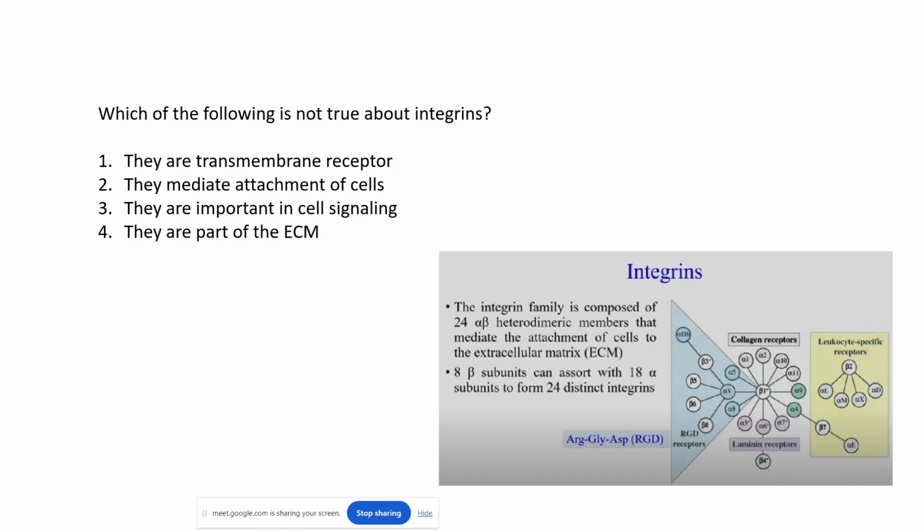And this is the next question. Which of the following is not true about integrins? The options are: they are transmembrane receptors, they mediate attachment of cells, they are important in cell signaling, and they are part of the ECM.